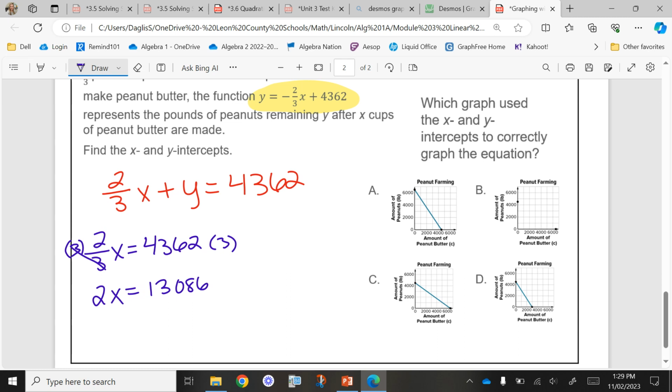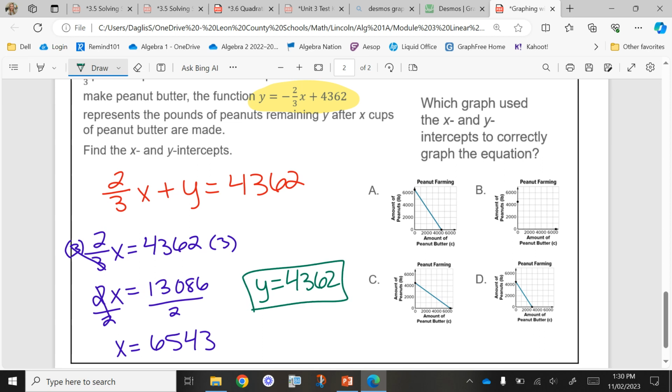Now what am I going to do? Divide by 2. Good. So now, Isaiah, what's that divided by 2? Yep. All right. Now, how about my y-intercept? What's the equation for my y-intercept? That's nice. The end. Right? Didn't have to do anything else. There was nothing else with it.